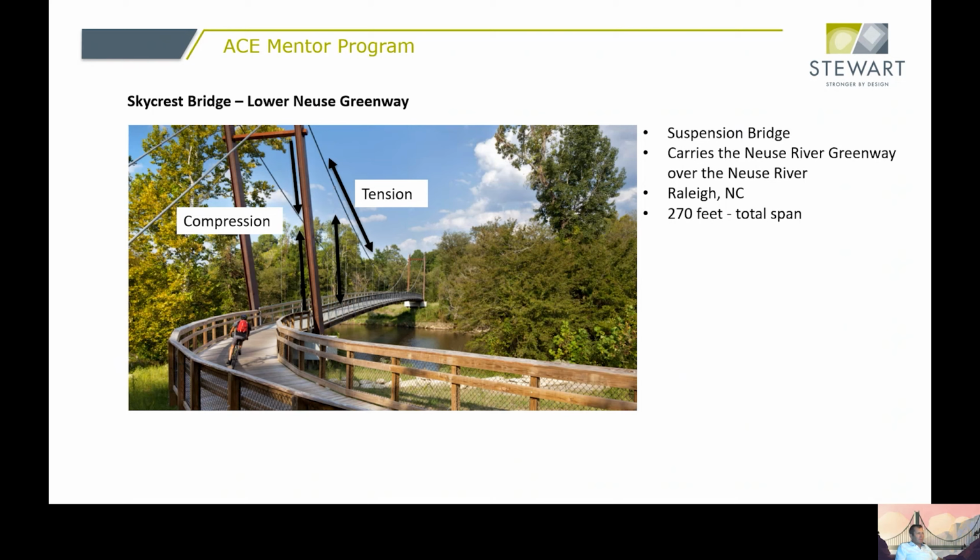So this was the idea that we had, is to try to span it with something lighter. When bid time came through the contractors, this was the cheapest way to build it. So even though truss bridges are usually the most efficient way to do things, just the fact that it was hard to get those materials back in here made the suspension bridge cheaper.